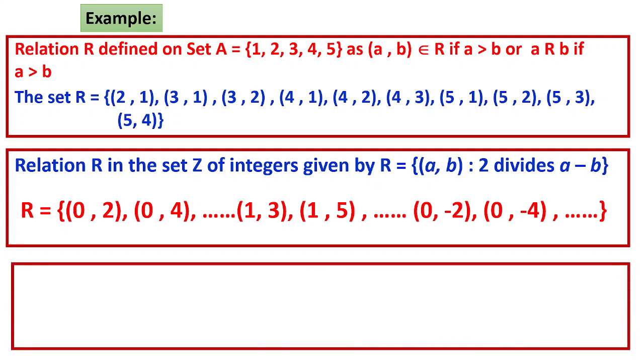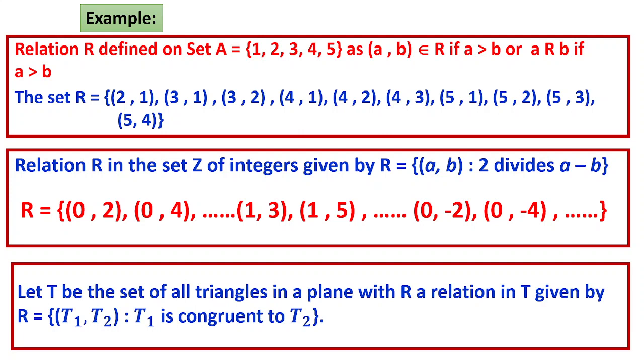Let us go to one more example. Let T be the set of all triangles in a plane, with R as a relation in T given by T1 is related to T2 if T1 is congruent to T2. This is another relation. We are collecting all the triangles which are congruent to each other.